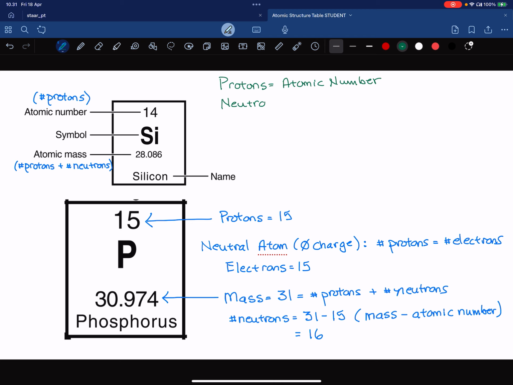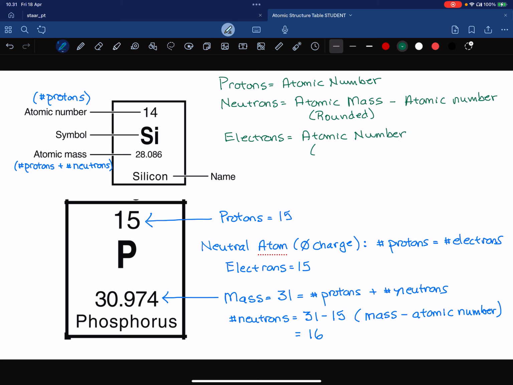Neutrons is equal to atomic mass rounded minus atomic number, and electrons is equal to the atomic number for a neutral element.